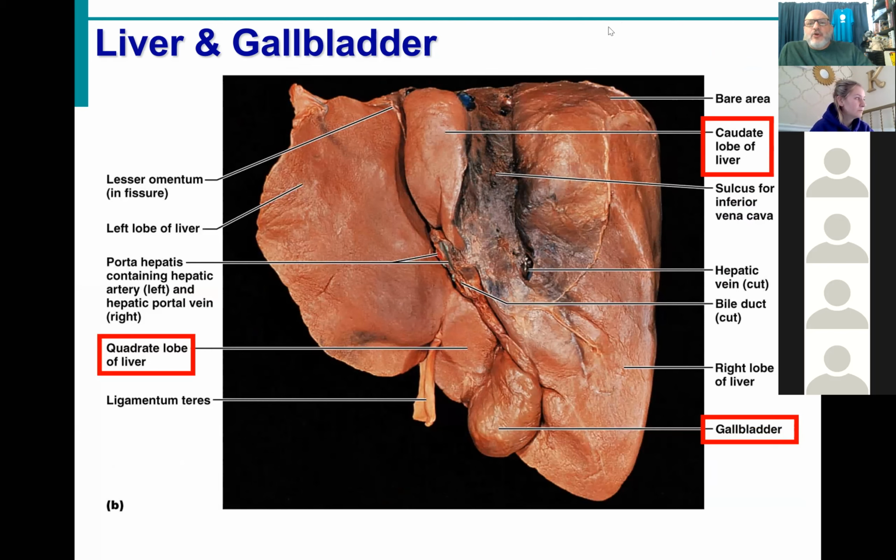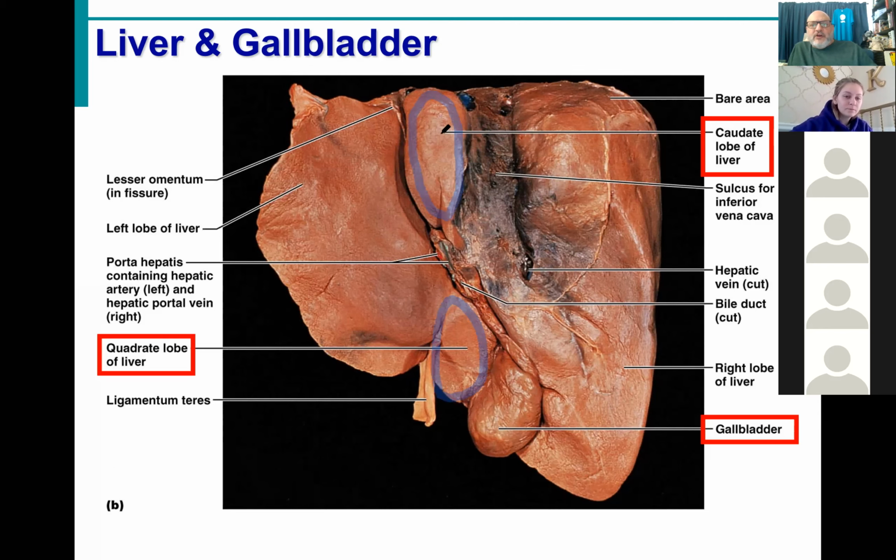And from that, we can see the much smaller posterior lobes. And those smaller posterior lobes are the superior caudate lobe and the inferior quadrate lobe. So these two lobes are adjacent, right next to the inferior vena cava that travels by, and they're in alphabetical order.